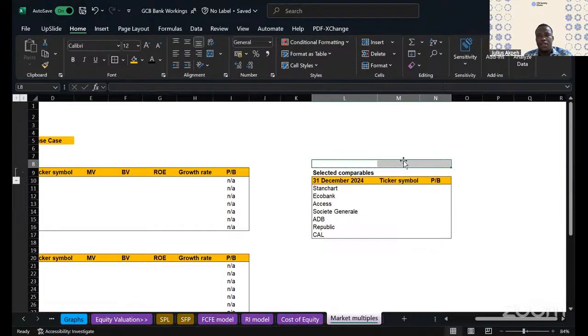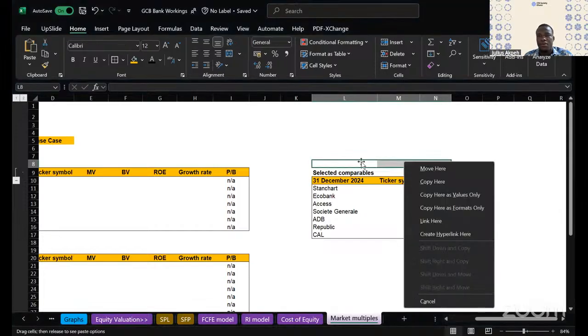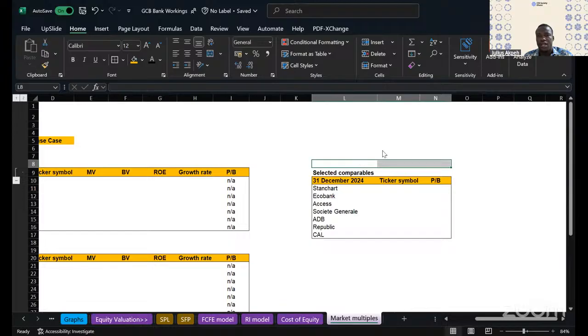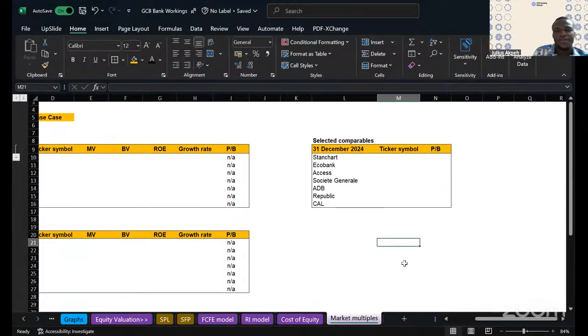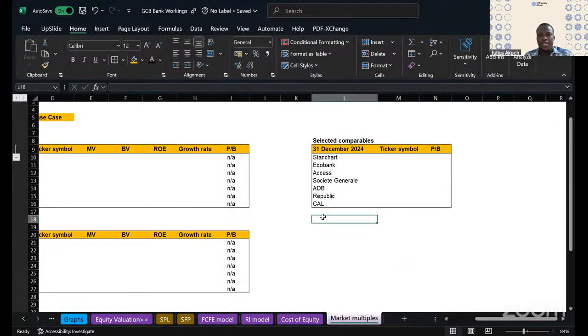Let me shift this thing up a bit. Okay, good. So the next thing I'll do is that I want to get some statistics. So I'll look at the median. I want to take the median, and also I want to see the first quarter as well.